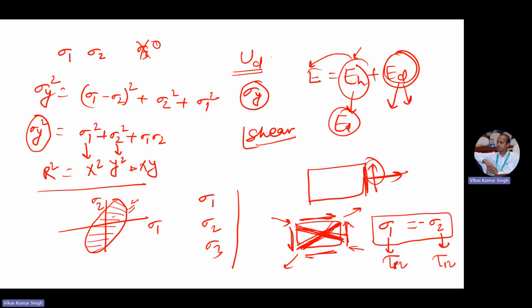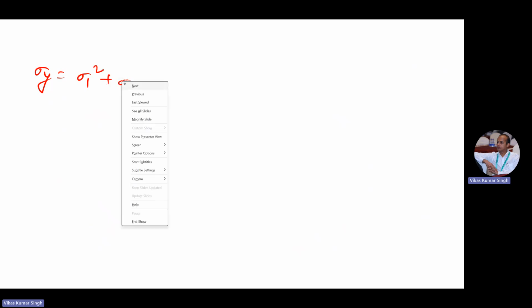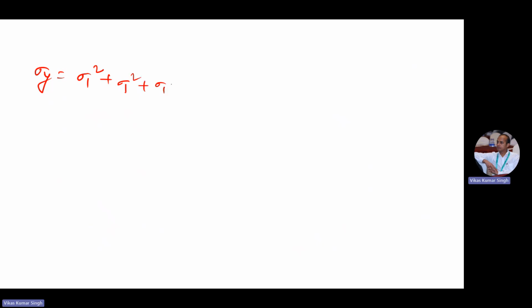Okay. So if you put all these values in the effective stress, or you can say yield, this one, sigma 1 square, was there, plus sigma 2 square, and sigma 2 is also sigma 1, and then plus sigma 1 into minus sigma 1. Correct? So this will become what? Here I'm putting a square.